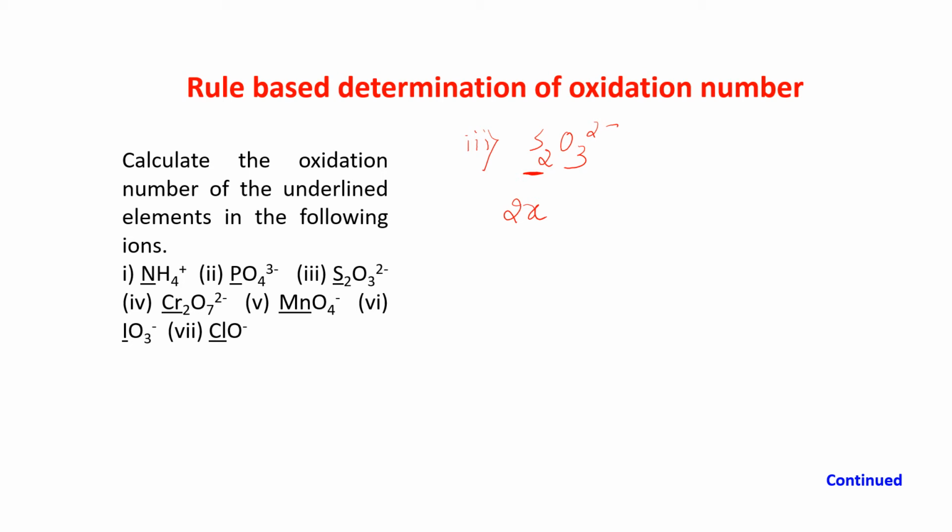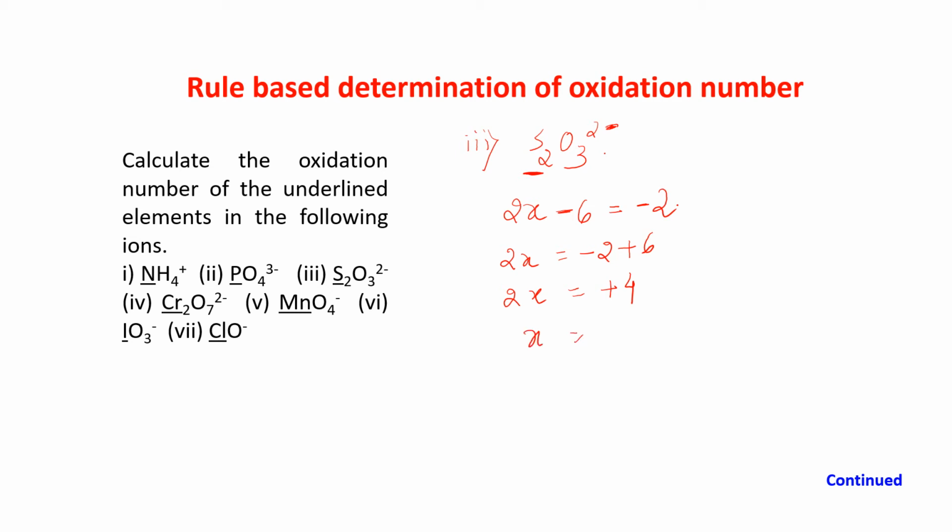One oxygen atom is -2, and I'm having 3 oxygen atoms, so it will be -6, equal to the charge present in it, that is -2. So 2x is equal to -2 plus 6, so 2x is equal to +4.